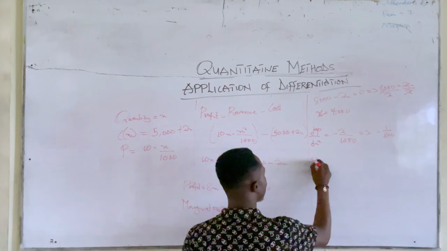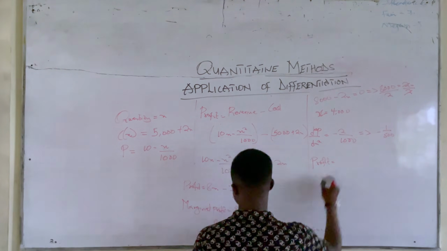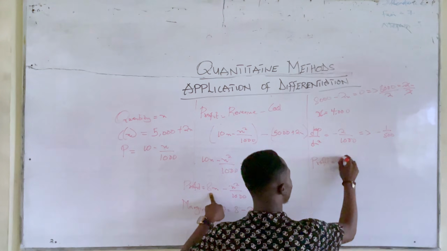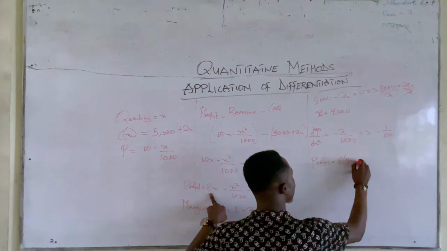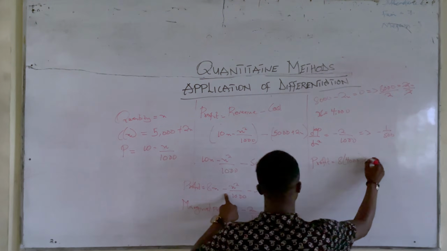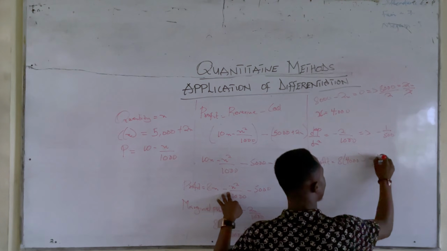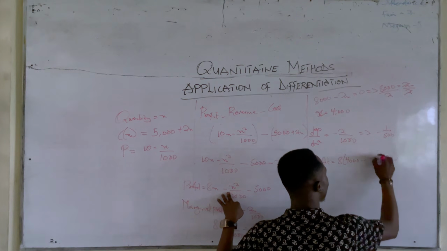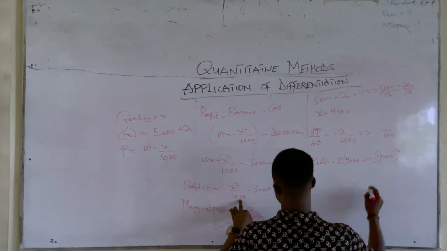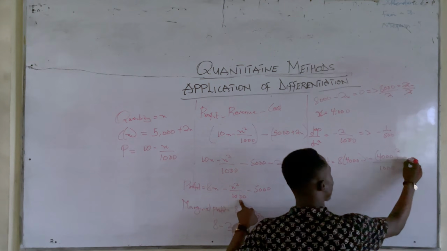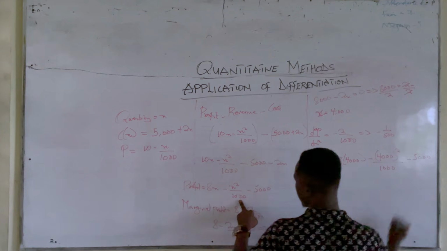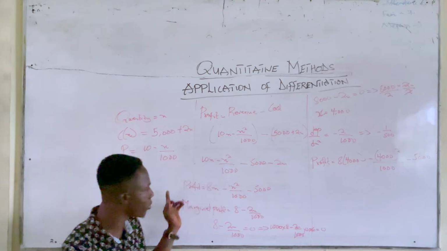So we say profit is equal to 8 into bracket 4,000 minus 4,000 squared over 1,000 minus 5,000. Okay, so we are putting x in the profit function.